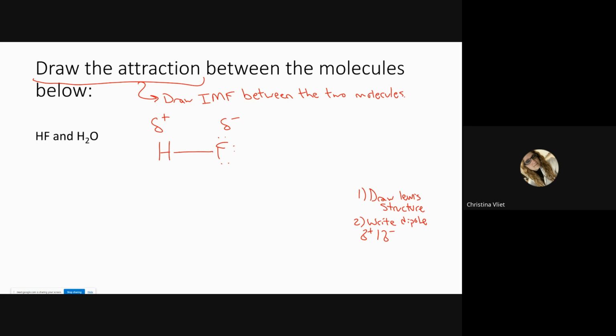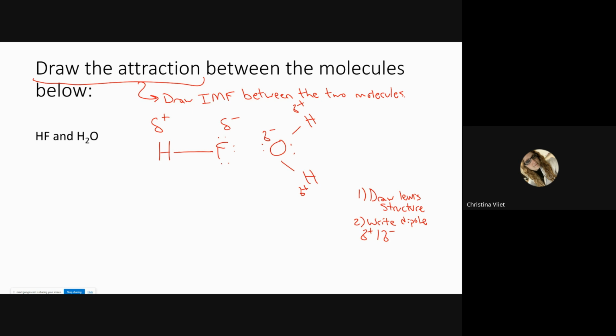You need water to be attracted to HF. Which end of water would be attracted to HF, the oxygen or the hydrogen? Can you figure it out? Well, if we draw out the oxygen next to the fluorine, I'm just going to show you what happens. If you do this, you're going to say this, because oxygen's more electronegative and hydrogen is less electronegative.